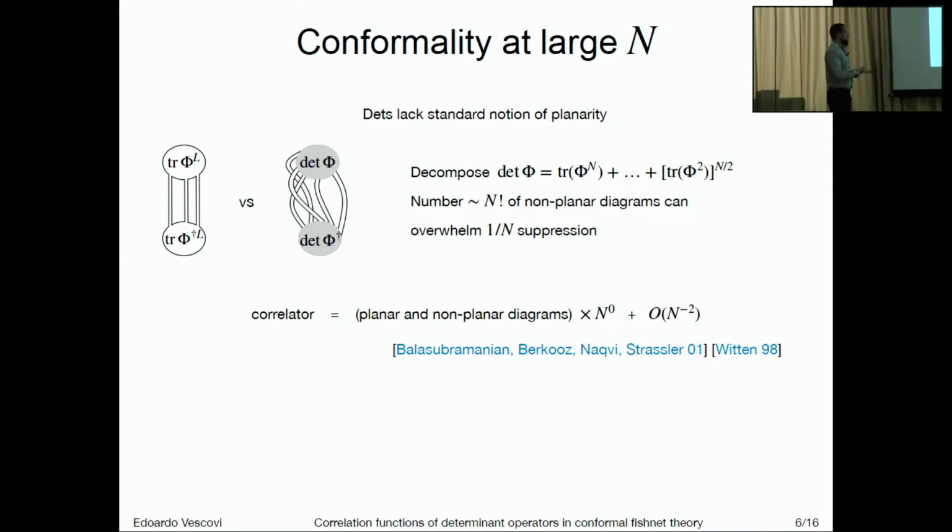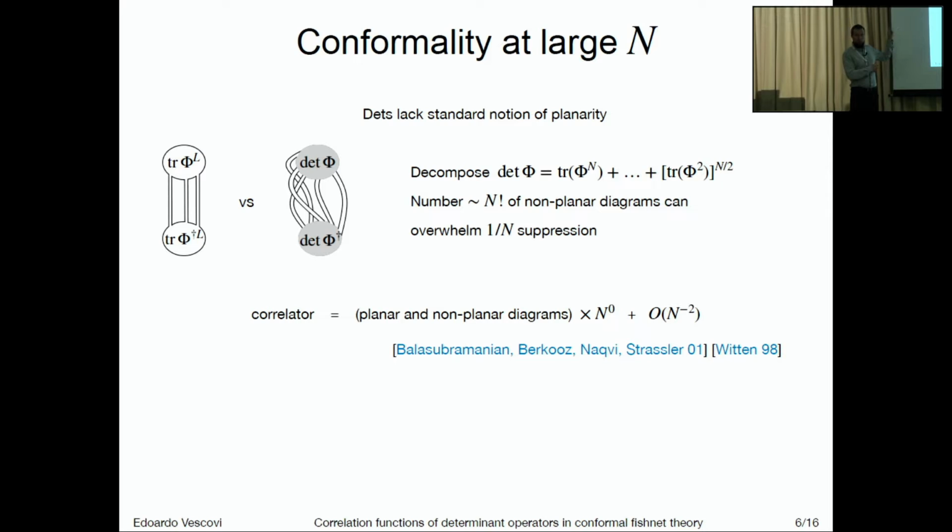So both in the mother theory and in the Fishnets, it's useful to refresh our memory and remember that determinants as heavy operators lack a standard notion of planarity, the usual expansion in ribbon graphs. This is easy to understand if you compare the two-point function of single traces and the two-point function of determinants. These two-point functions are protected, of course, but that's not the point I want to make.